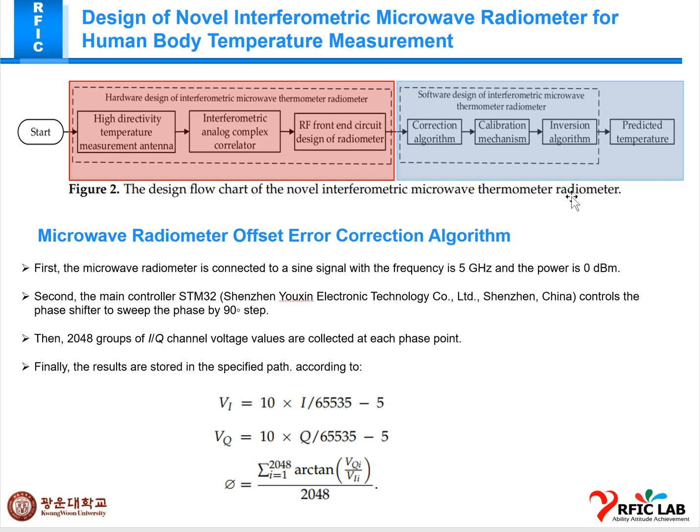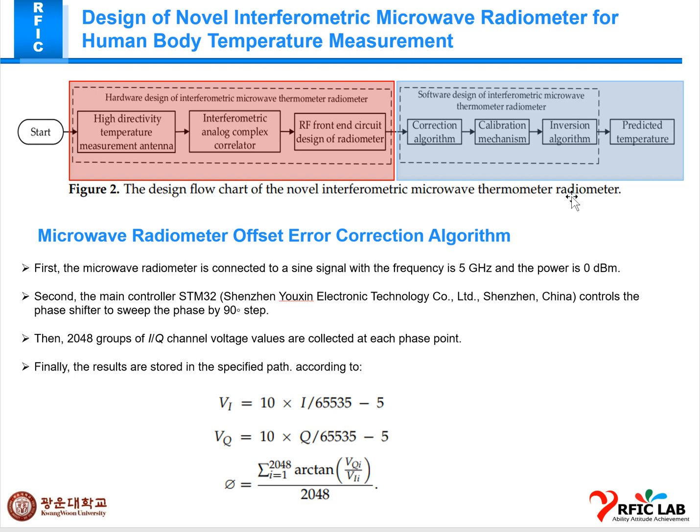After the completion of hardware, it comes with the software part. In that it has three major subtopics. First was the correction algorithm, and then comes the mechanism done with the hot and cold part, and then the inverse algorithm comes.